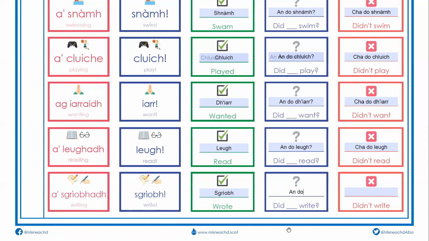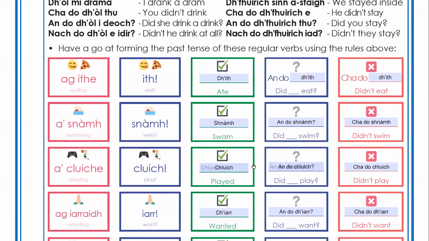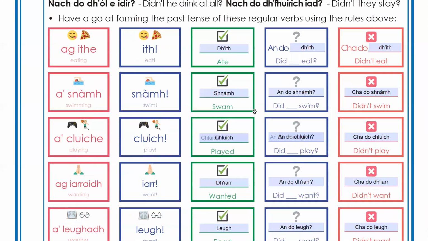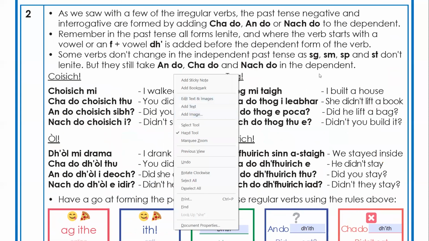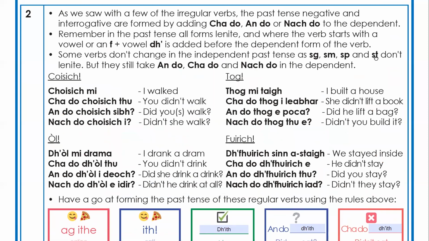Again, as with all of these, skriv doesn't change. So that's how you work with regular verbs in the past tense. The pattern's fairly straightforward. SG, SM, SP, ST are letter combinations that never lenite, so we need to remember that for other reasons.